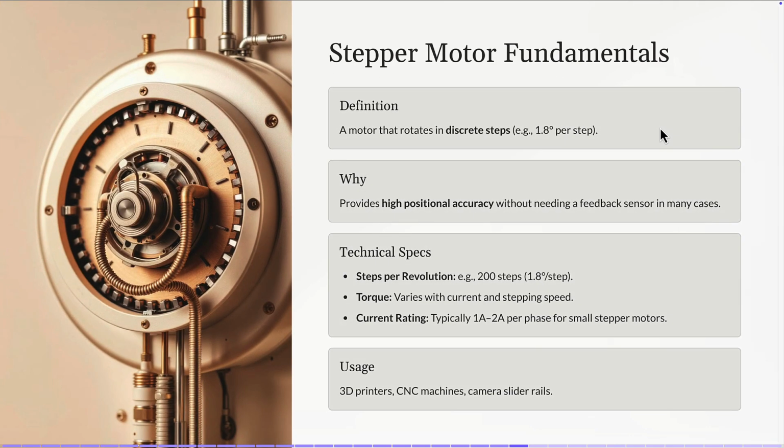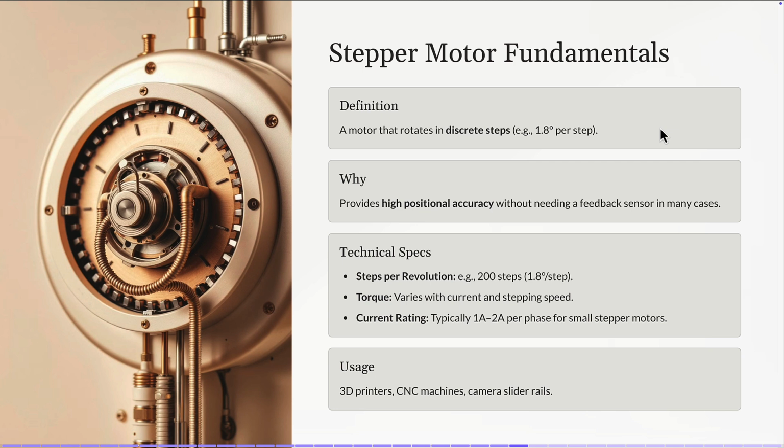The last type of motor is the stepper motor, which is a motor that rotates in discrete steps. Each step is 1.8 degrees, which makes 200 steps in a full revolution. It will rotate 200 steps in 360 degrees, which makes 1.8 degrees per step.